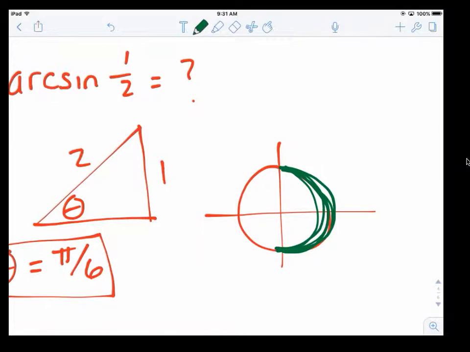So where's the y value equal to 1/2? It's positive, that means it's up here, and it's the short one. So this is pi over 6, pi over 4, pi over 3. If it's the short y, that means it's over here. If it was the long y, it would be up here, and that's pi over 3.